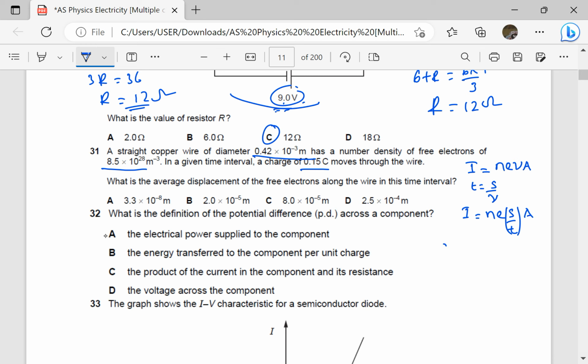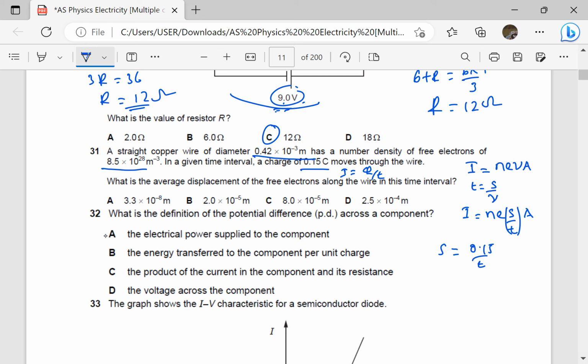So let's substitute. S is going to be the current. What is the current? The current is charge, I is charge over T. So this is going to give us the charge, which is 0.15, over the time. We don't have time here. Current is that over time.